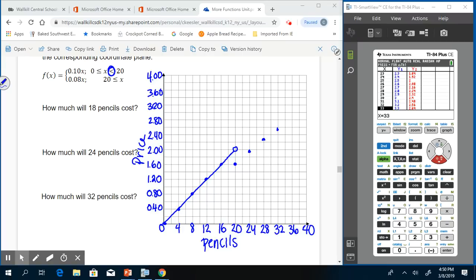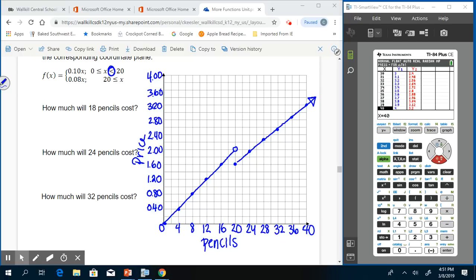So a little bit below $2.60. 36 is going to be $2.88. So a little bit above the $2.80. And 40 is going to be $3.20. And we would draw our line and show an arrow at the end to continue the price going at the 8 cent rate after 20.